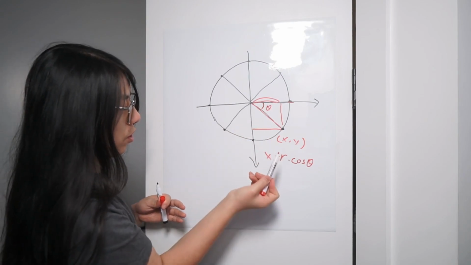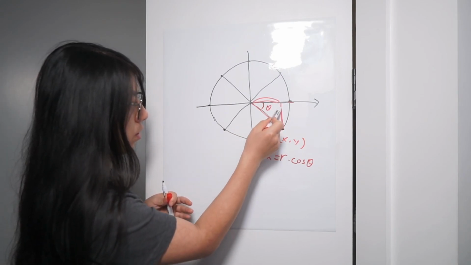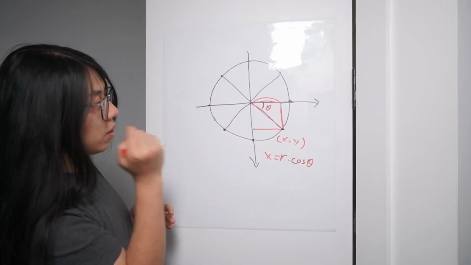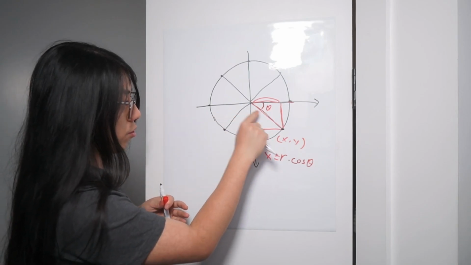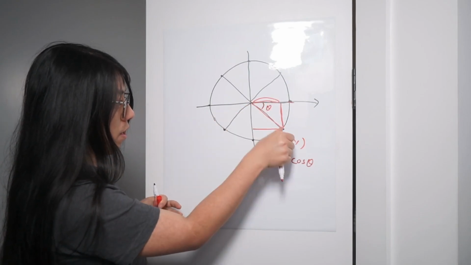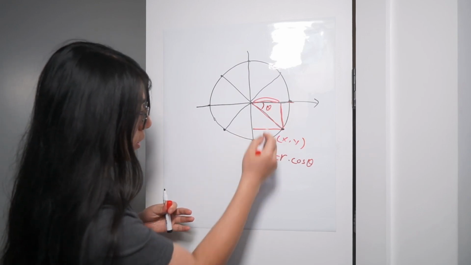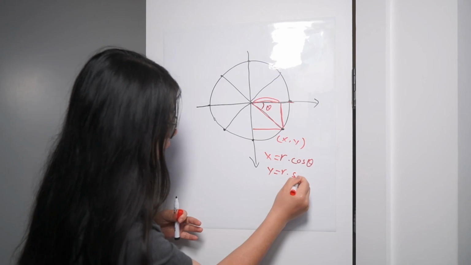So sine would be this, the side of the triangle opposite to the angle, and then divided by the longer side. And so if we want to get the y, that is going to be sine theta.